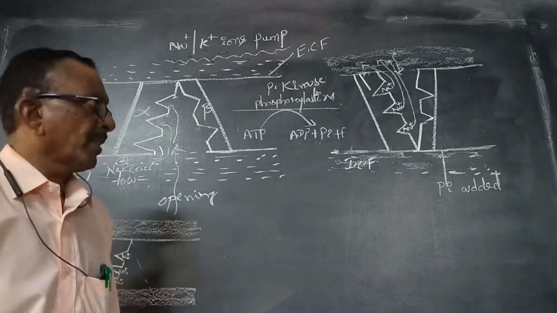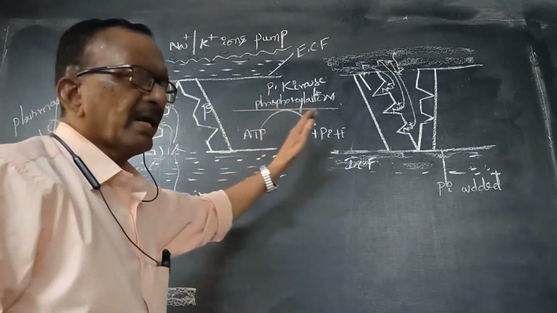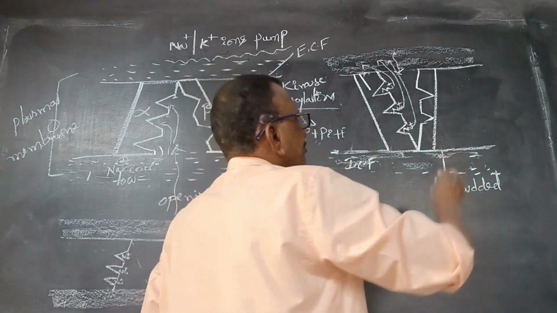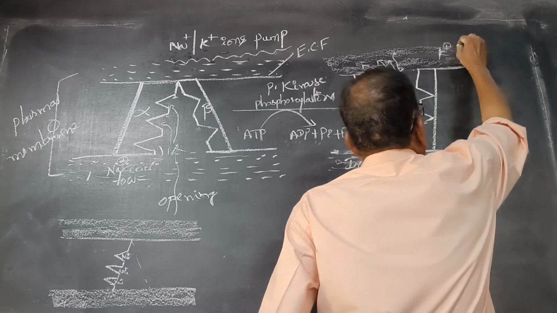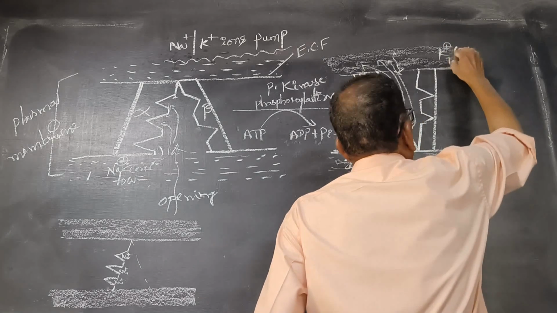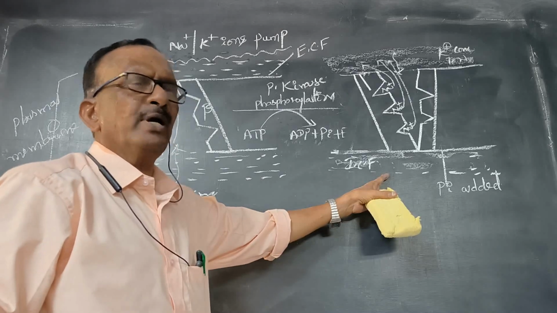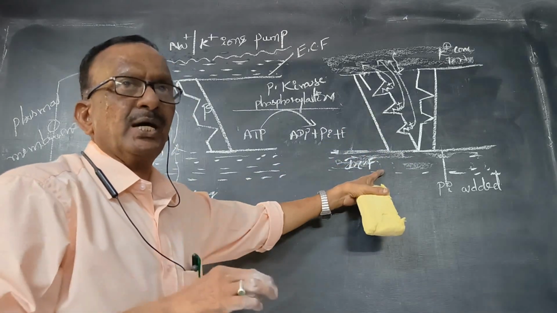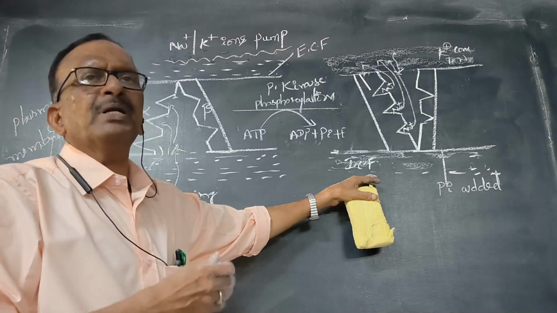Is it clear? Now at the same time in the phosphorylation, what happens is potassium ions, its concentration is low. So in the intracellular fluid, potassium ions concentration is high. So from low to high, they have to be transported.